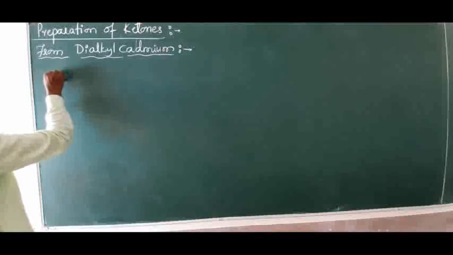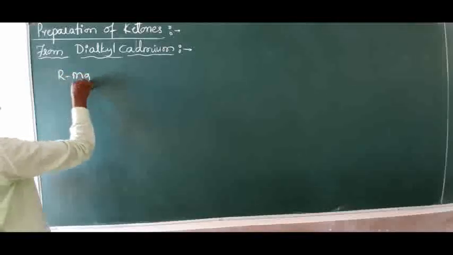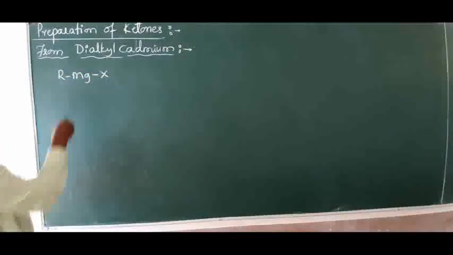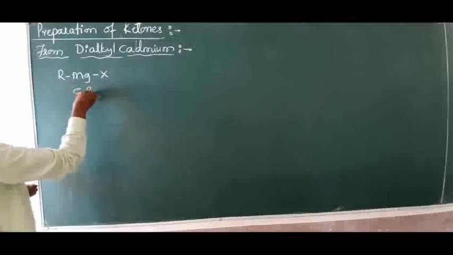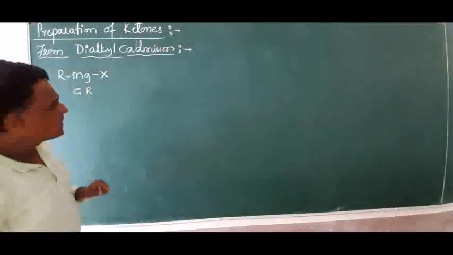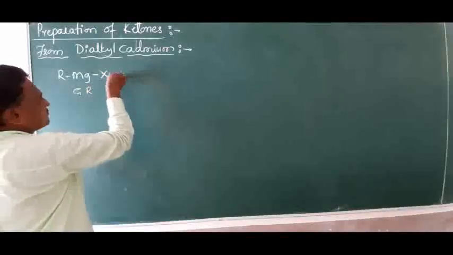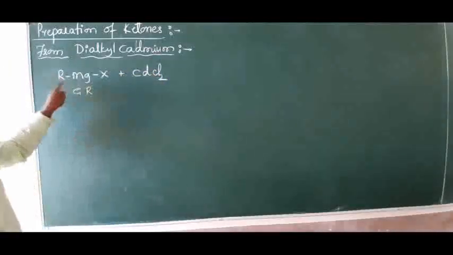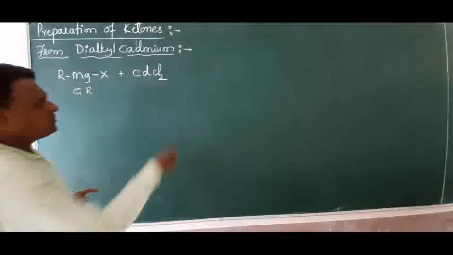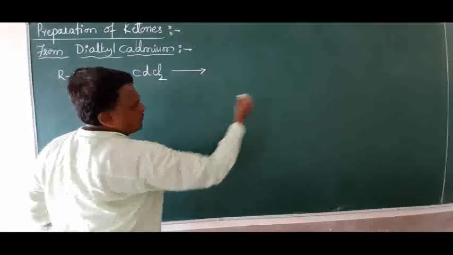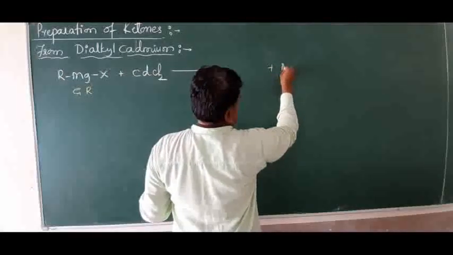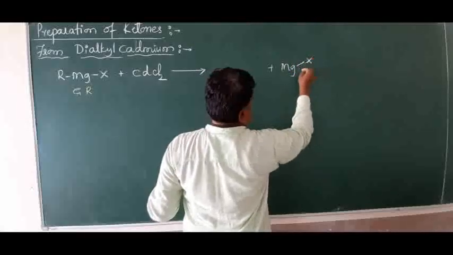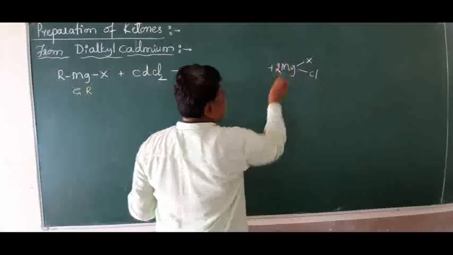So friends, keep in your mind RMgX. I think all of you know this RMgX is nothing but Grignard reagent, shortcut GR. When Grignard reagent is reacted with a salt, cadmium chloride, magnesium salt will come out, with 2 moles.